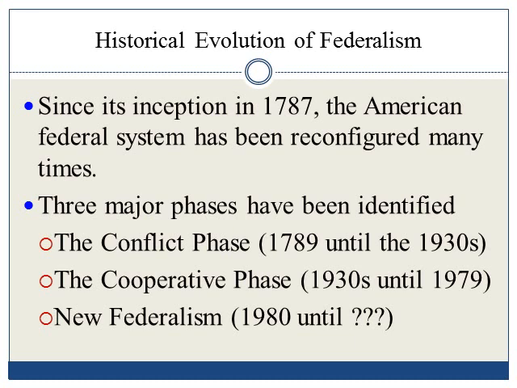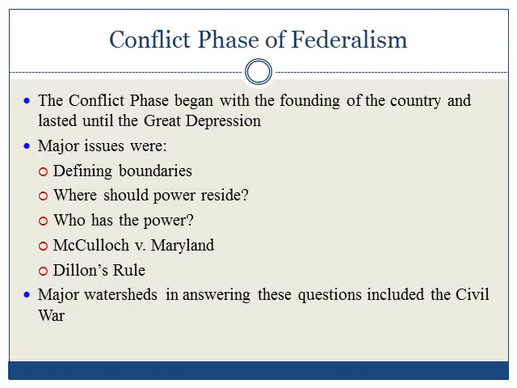The three major phases are the conflict phase, the cooperative phase, and new federalism. The conflict phase of federalism lasted from 1789 until the 1930s. The cooperative phase lasted from the 1930s until 1979, and new federalism from 1980 until the present time, although some people would say we're actually in another phase now.